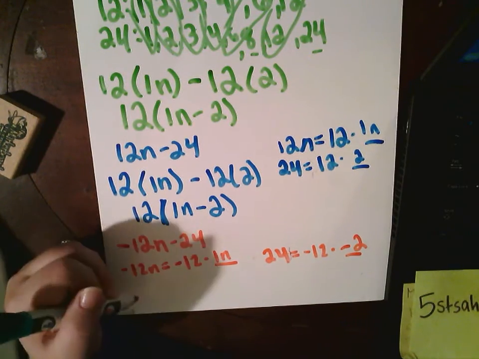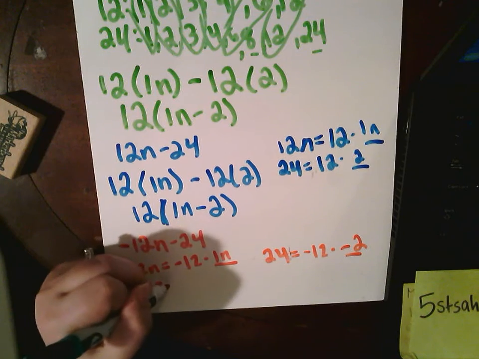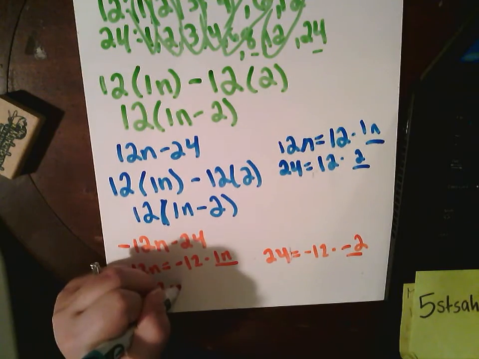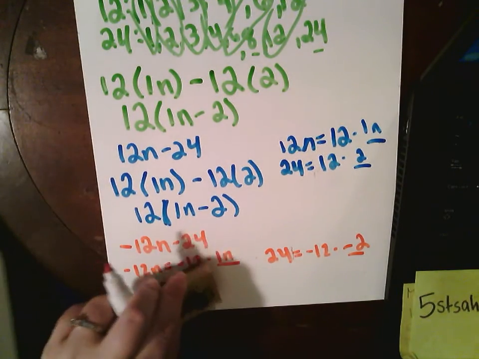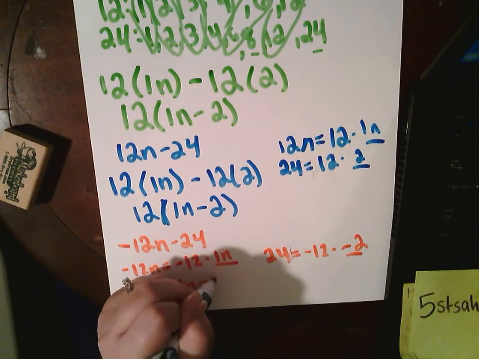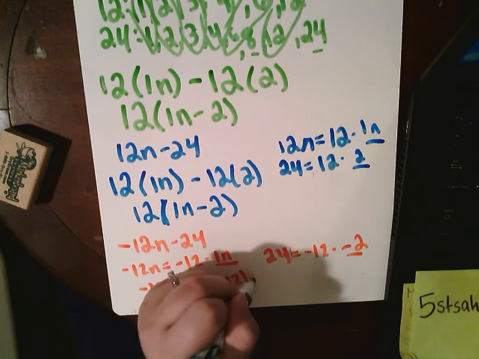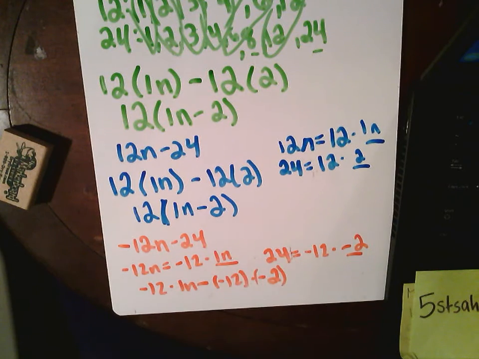And then I can rewrite it so that it says negative 12 times 1n, and then it was a minus in the problem, so it'll be a minus down here, minus a negative 12 times negative 2. Lots of negatives in this one.